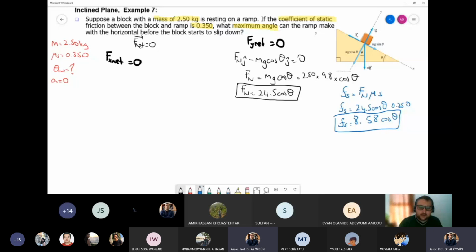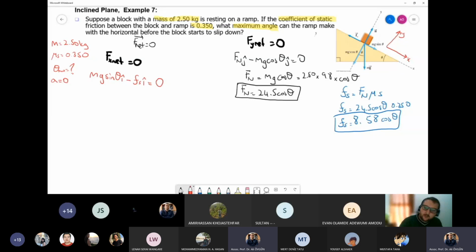Then let's go to the F x net. What are the forces in the x direction? Don't forget that for the inclined plane, this direction is x and this direction is y, because we rotate the coordinate system. We take this direction positive, this direction negative. mg sine theta i hat minus F friction i hat equals 0.